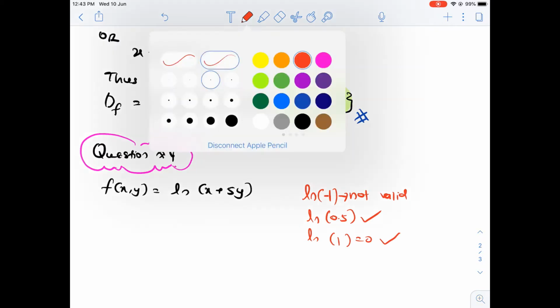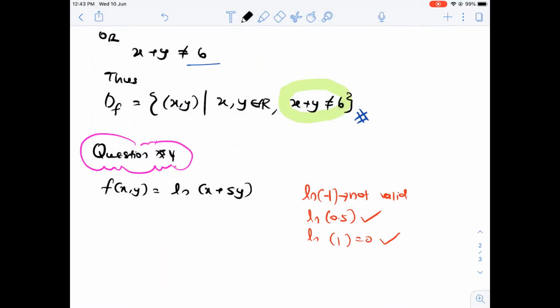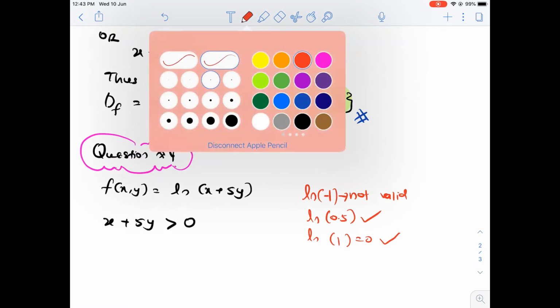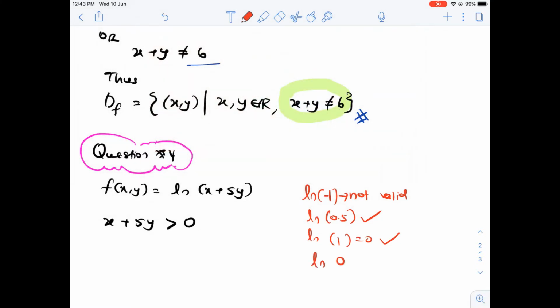So what we should do here, in order to solve this question, for ln, x plus 5y must always be greater than 0. It also cannot be 0, right? Ln 0 is also not valid, so that's why we have x plus 5y must be greater than 0.